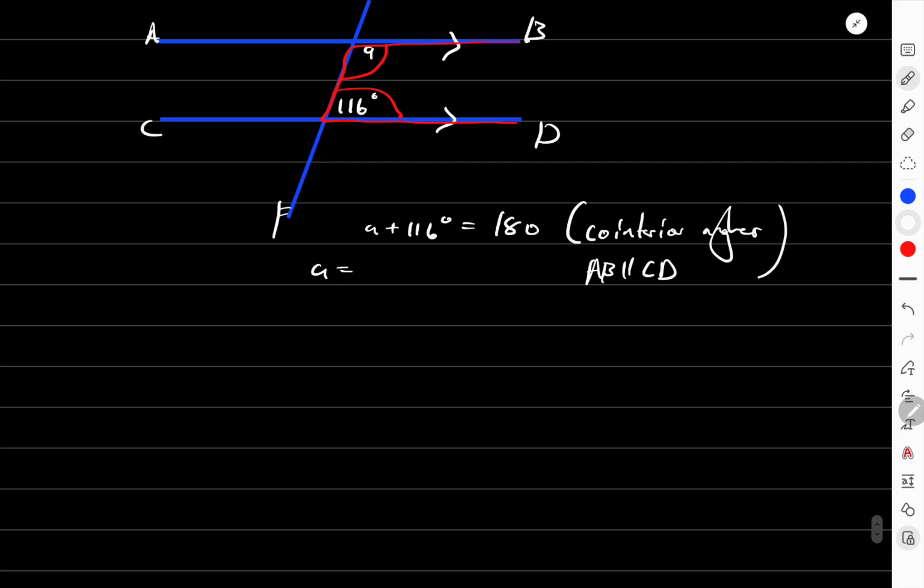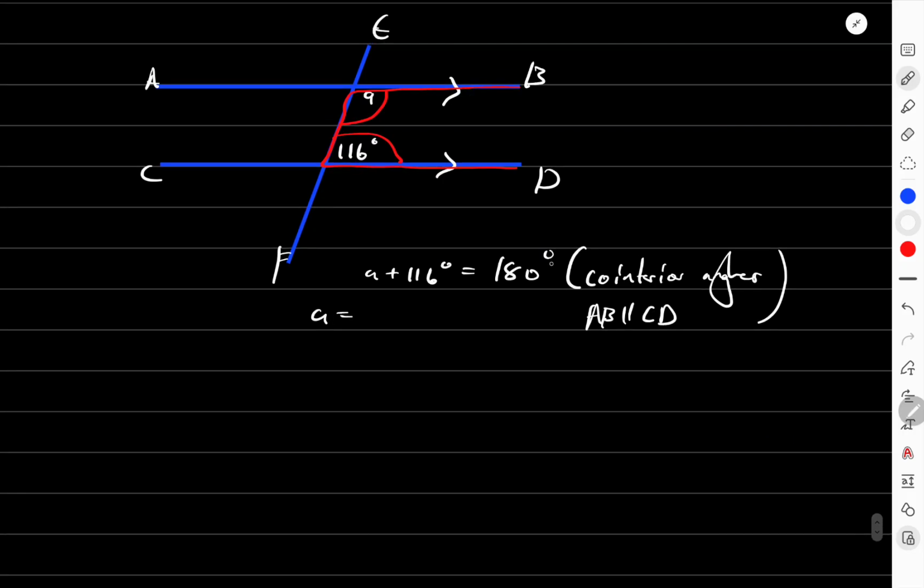Therefore, I'm going to have A equals 180 minus 116. Those two are numbers, therefore I can group my numbers together. I'm going to have 180 minus 116 degrees. What is 180 minus 116? Therefore, the value of A is 64 degrees, just like that.